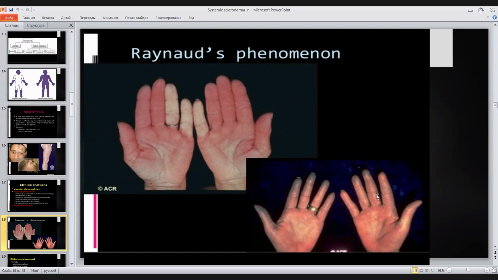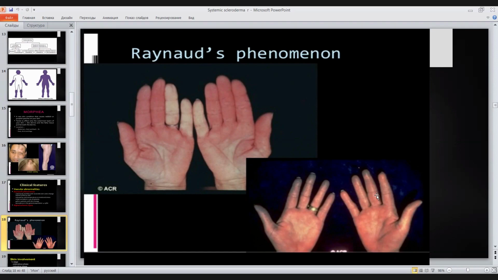Why is this type of color specific for Raynaud's phenomenon? Because white appears when vasoconstriction starts and the hands or feet receive less oxygen, not enough oxygen, that's why it will be white. Later, some ischemic process starts, because if there is no oxygen for a long time, of course tissue feels ischemia, and that's why there will be blue color, with less oxygen at this time.